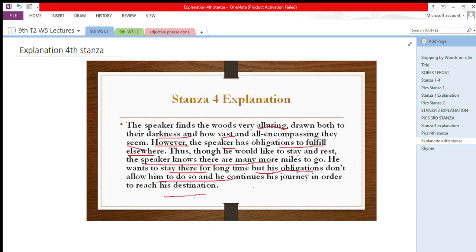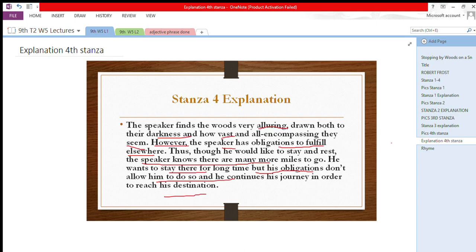Now, here the meaning is very deep. But since in exams you are only supposed to paraphrase, and in paraphrasing you cannot give the hidden meanings, you just need to explain or paraphrase the apparent meaning which is conveyed in the stanza. So here the poet talks about his obligations towards his family and friends.